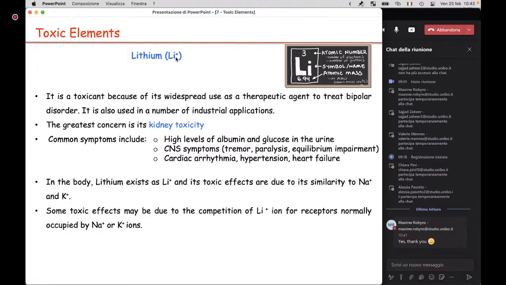I don't know if you know this. This disorder is an alternation between depression and exaltation, moments of deep depression and moments of so-called manic behavior, where the person is exactly the opposite of a depressed person. So they feel exalted.